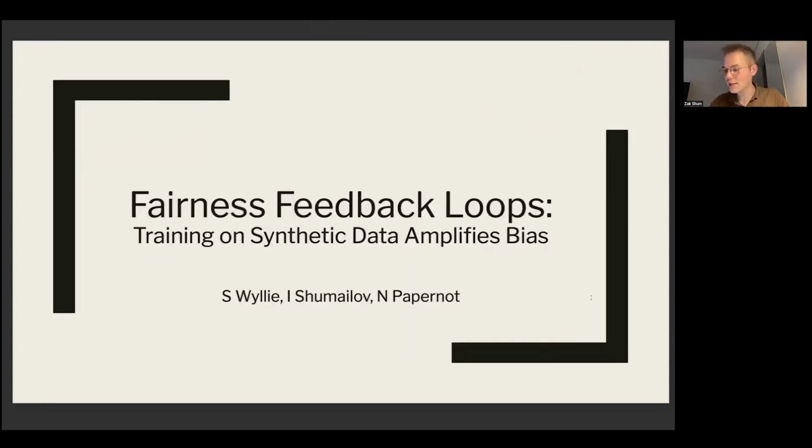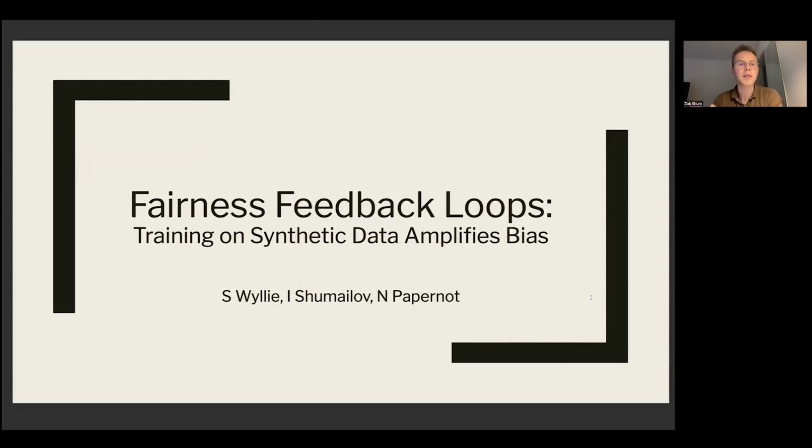Now I will also shortly talk about the fairness feedback loops as shown here, because in the first presentation, in the first couple of slides, I mentioned that model collapse practically means that your tails get underrepresented. And this led to a very important question.